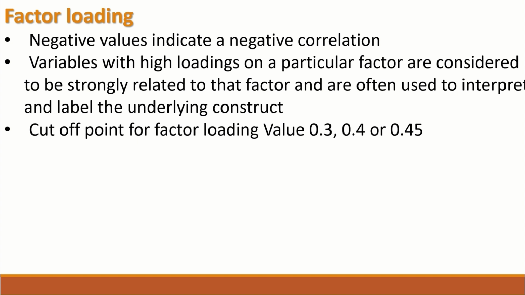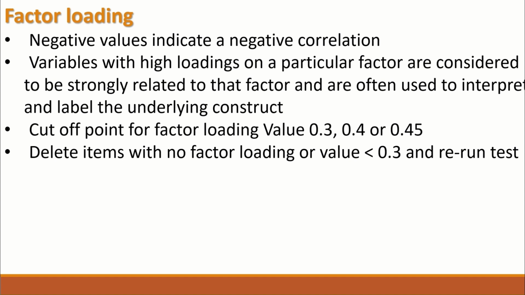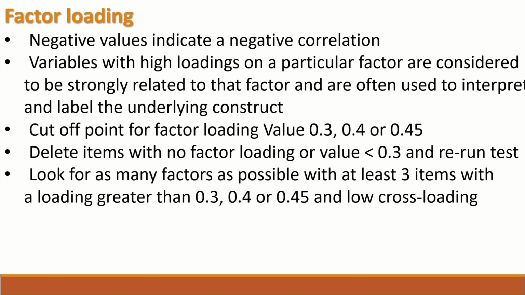The cutoff point for factor loading usually taken is either 0.3 or 0.4 or 0.45, and the way is to delete the items that have no loading or don't load into any factors or have a value of less than 0.3, and then the test has to be rerun.